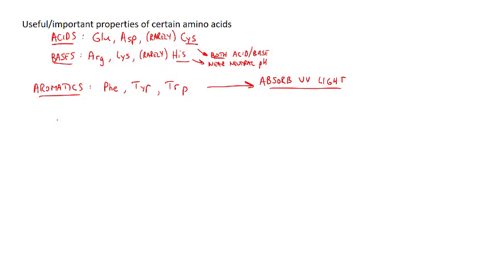Another important amino acid that I'm going to introduce right now, but we're not going to talk about why it's unique until a bit later, is proline. Proline has an odd structure. Proline is the one amino acid where the R group is connected to the nitrogen.